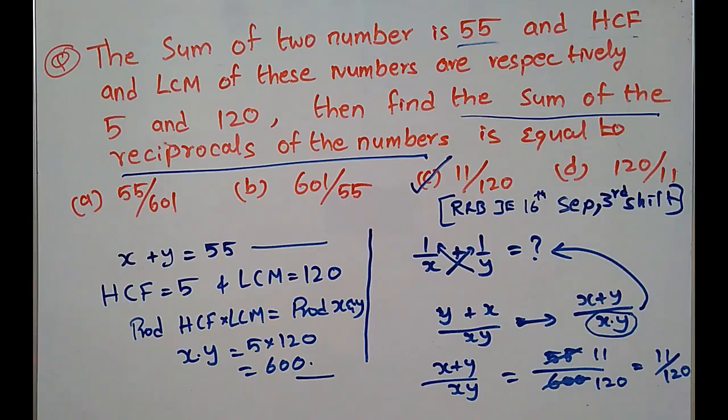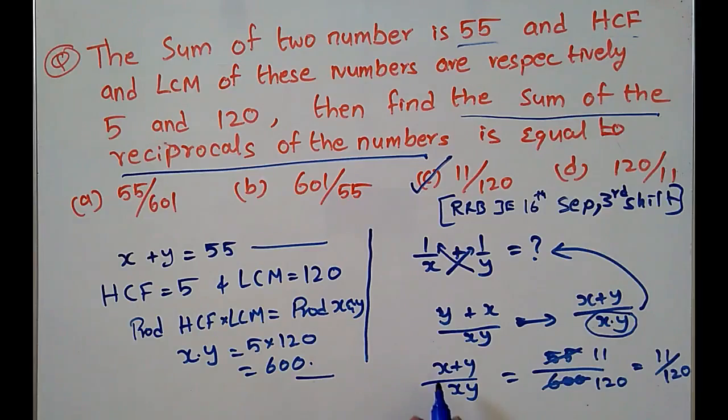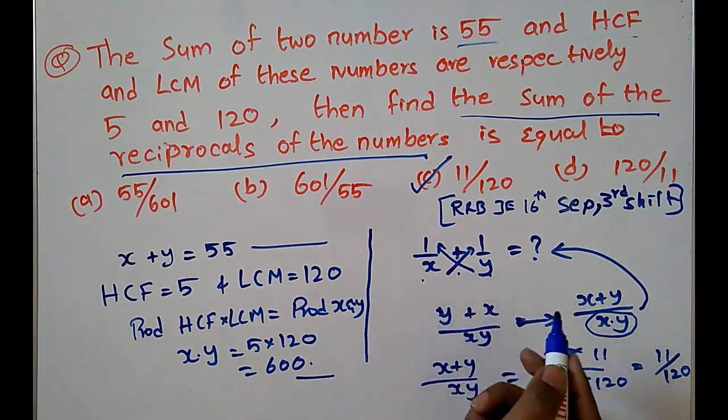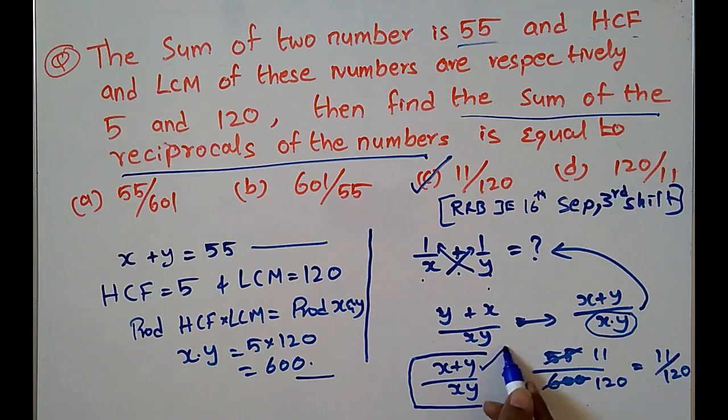Once again I will explain, friends. The sum of the reciprocals of the numbers is given by 1 by x plus 1 by y, which, if we cross multiply, we will get (x plus y) by xy. We have already been given the sum of the numbers.